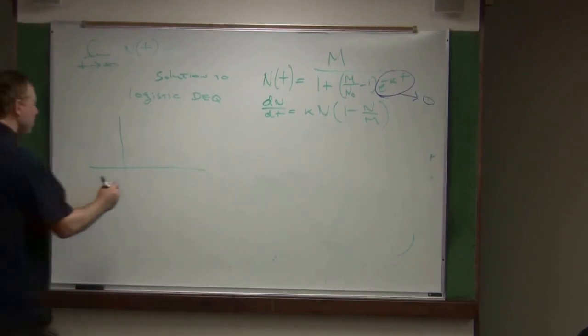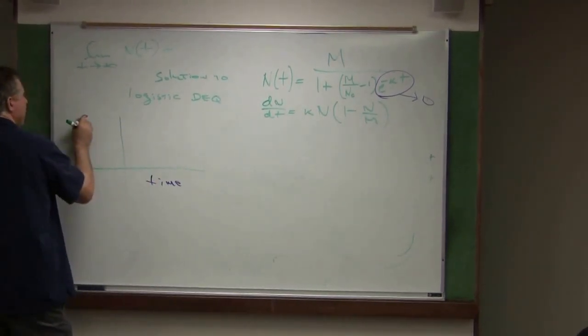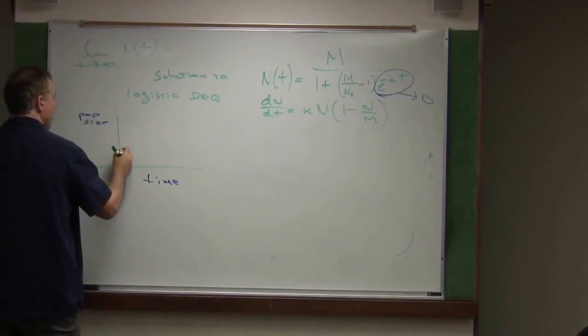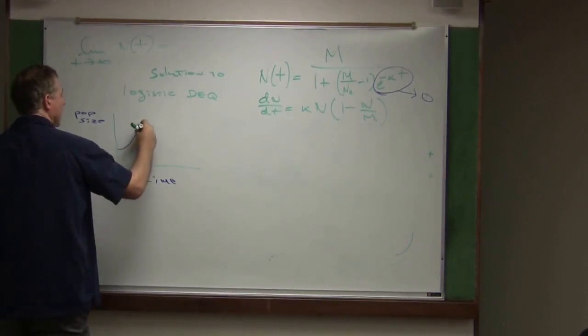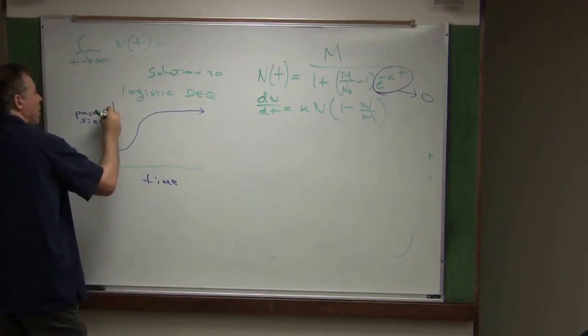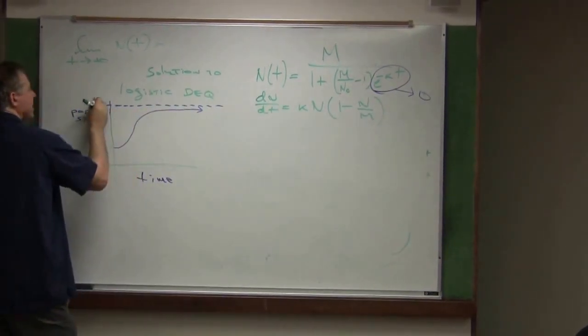So if you plot time and you plot population size here, you'll start somewhere at n0, and it will grow up rapidly, but then it will start to approach this horizontal asymptote, which is at the carrying capacity m.